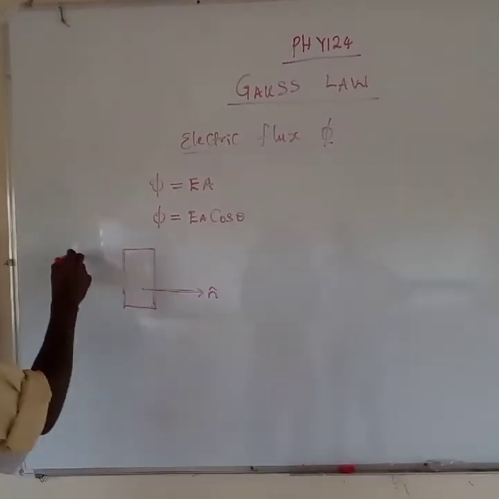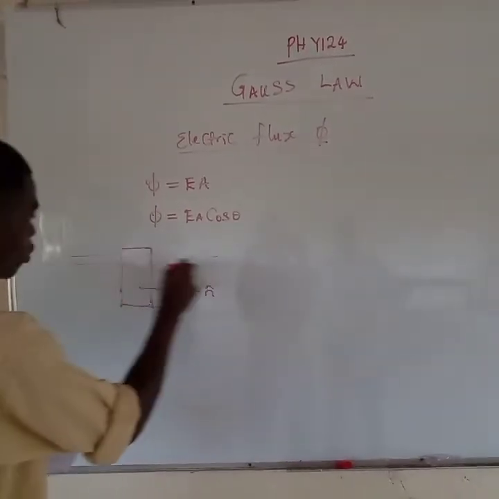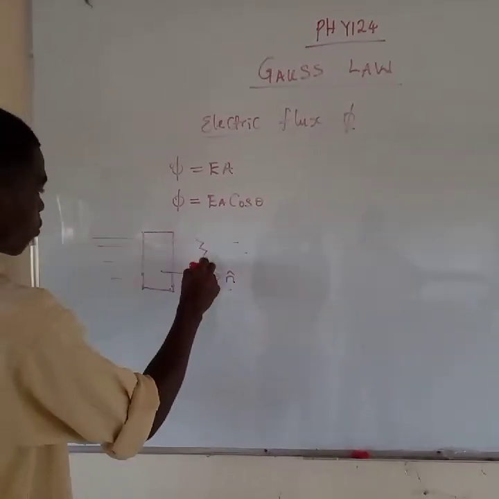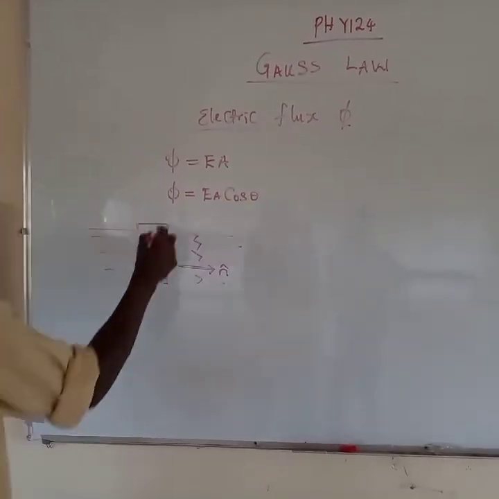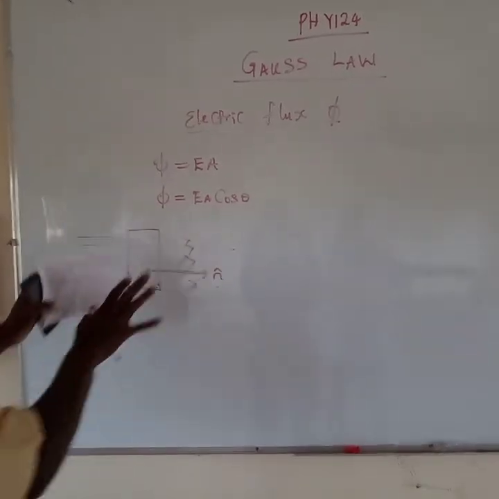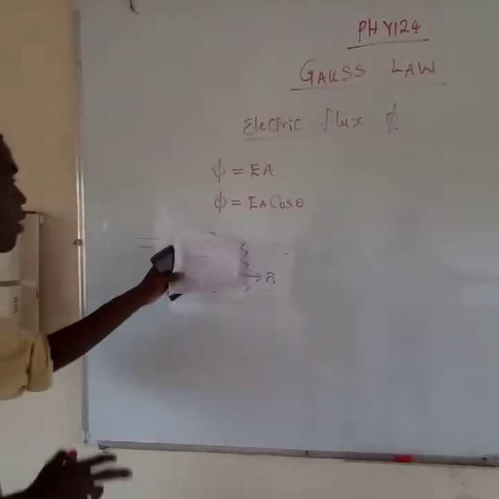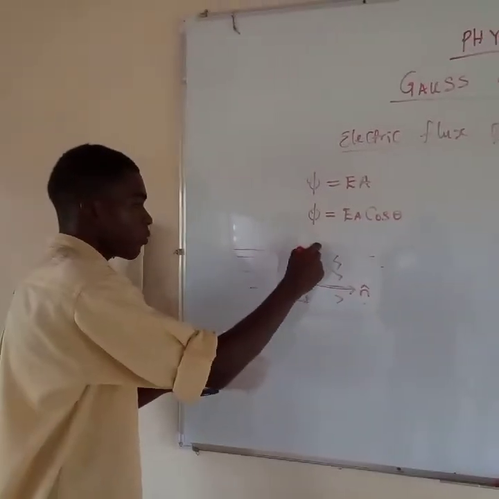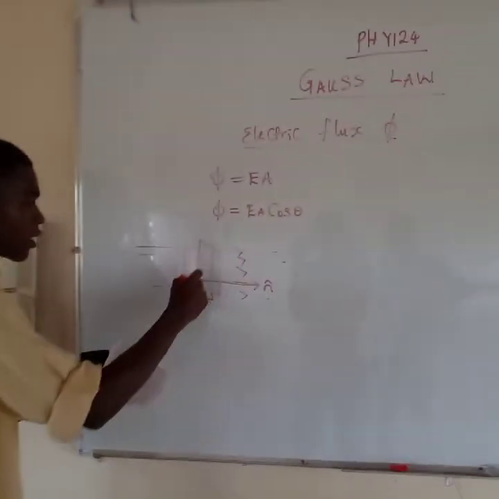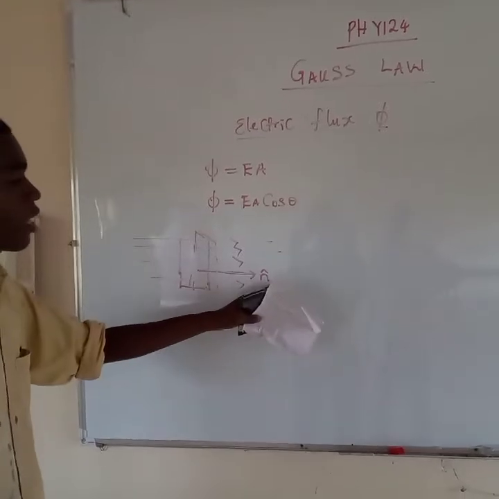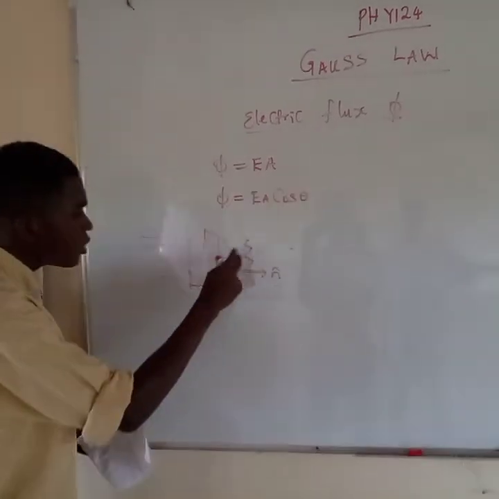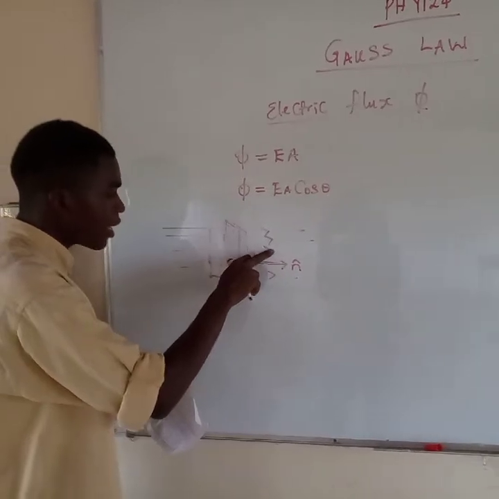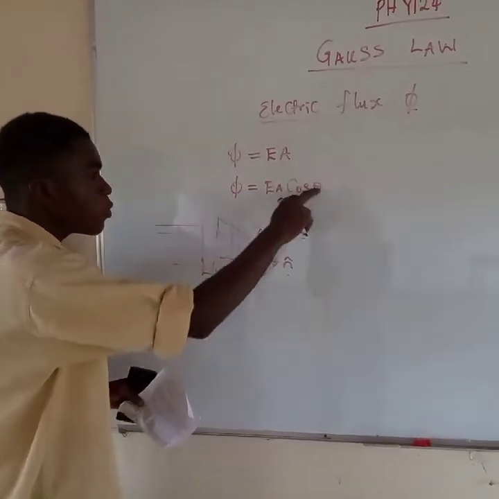Now, when we have electric field lines passing through the surface, the electric field line is perpendicular to the surface and parallel to the normal.